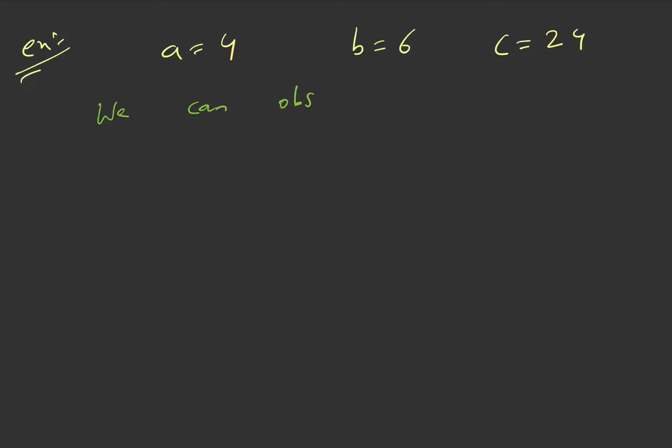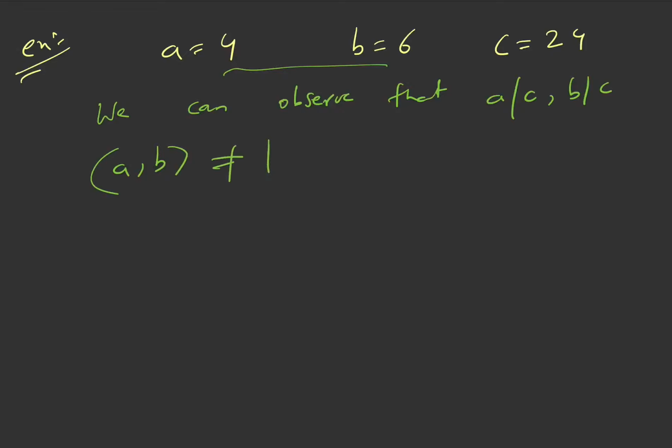We can observe that A divides C and B divides C, right? Here you can see that AB also divides C, but even though GCD of A and B is not 1, still AB divides C. So this is possible. I didn't say that only if GCD is 1 then AB divides C.